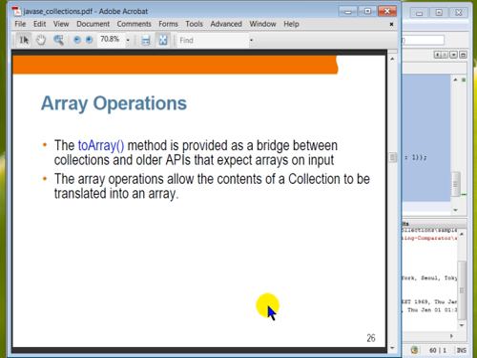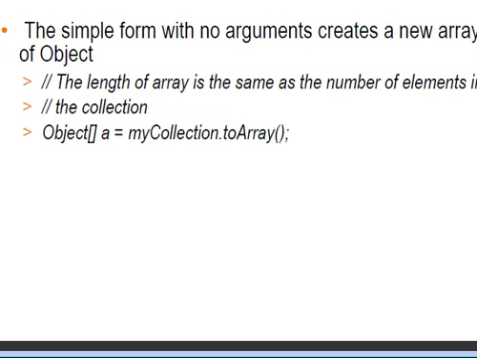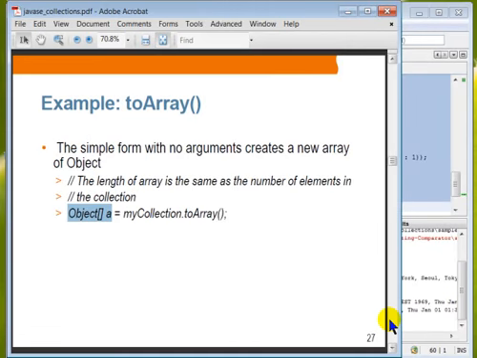If you have an old method that you've written that receives an argument in the form of an array object, then you can convert your collection object to an array object and pass it to that method. So this is how you can create an array of objects. Basically from your collection object, you call the toArray method, and then you get an array of objects whose type is Object.